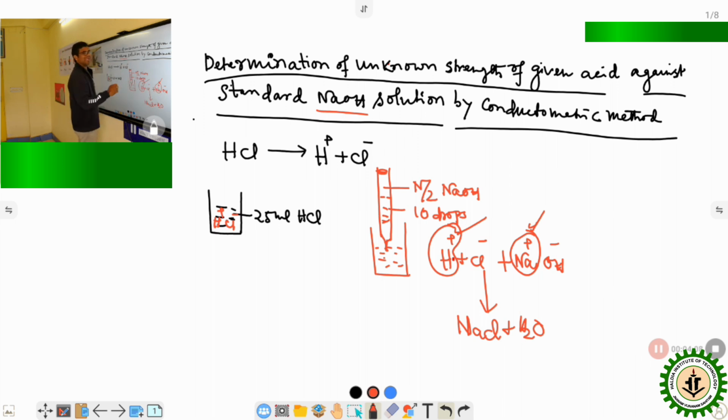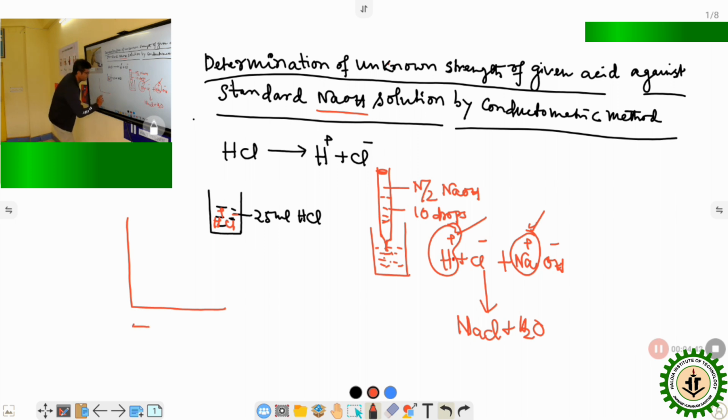Again, if we add 10 drops into the HCl solution, some of the H plus ions will again be neutralized by sodium hydroxide, and some will be replaced by slow moving Na plus ions. Again, the conductance will decrease. This decrease in conductance will go on up to the point where all the acid has been neutralized by the base sodium hydroxide.